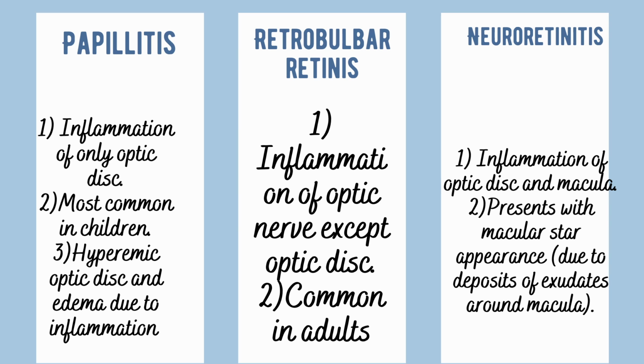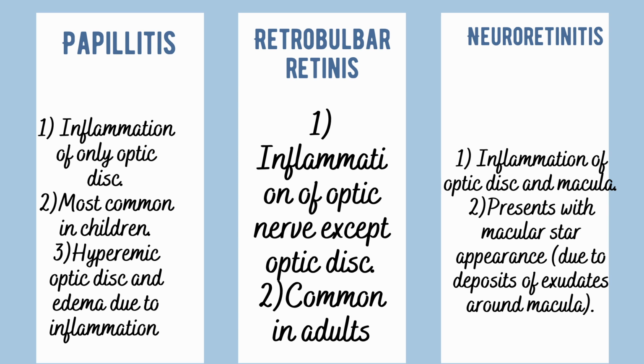So you cannot see how the nerve will appear. Then next comes neuroretinitis. It is the inflammation of the optic disc and macula, and the macula will present with a macular star appearance due to deposition of exudates around the macula, that we have already seen in the previous slide. I have already shown you the appearance of the macular star.